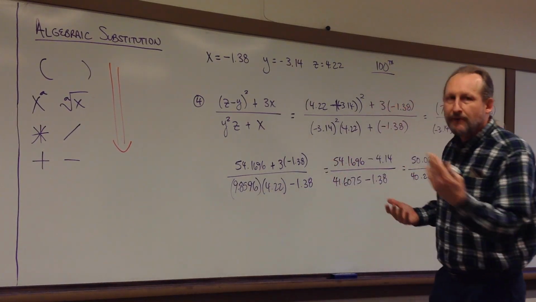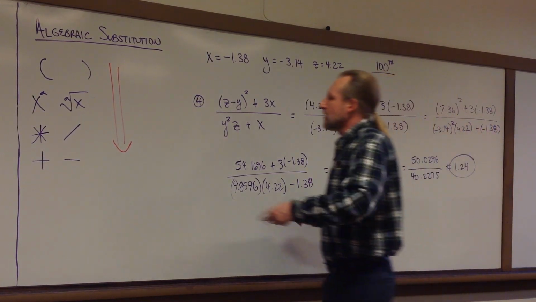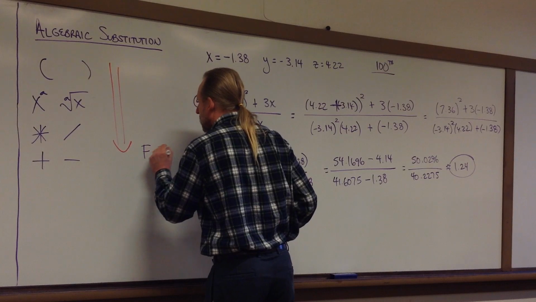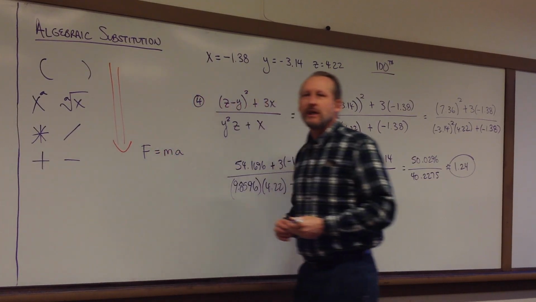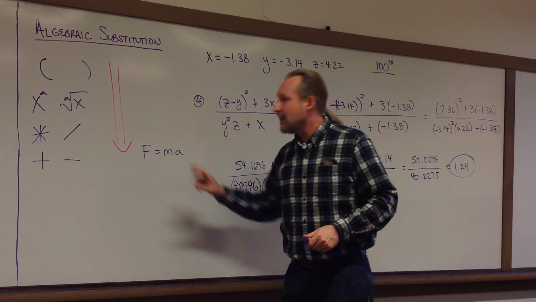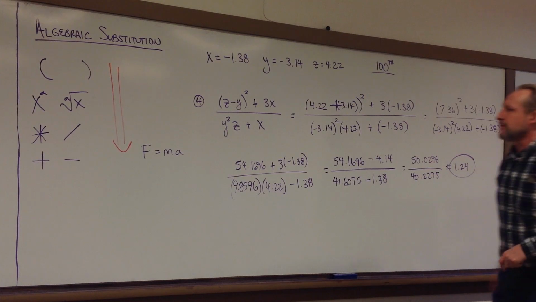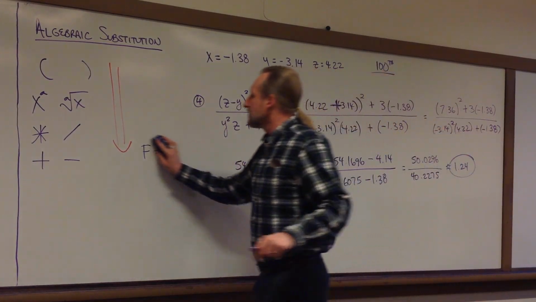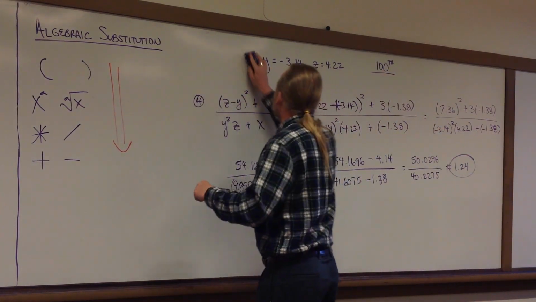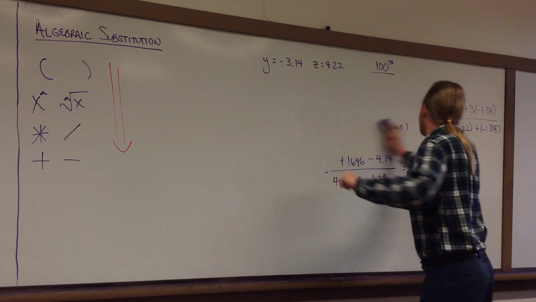And so the scientists developed these formulas, and here's a classic one, F equals ma, right? Force equals mass times acceleration. Well, if you know the mass and you know the acceleration, you plug them in and you can calculate the force. That's essentially what we're practicing for in doing this assignment, okay? Oh, don't want to erase that just yet. We got one more problem to do.